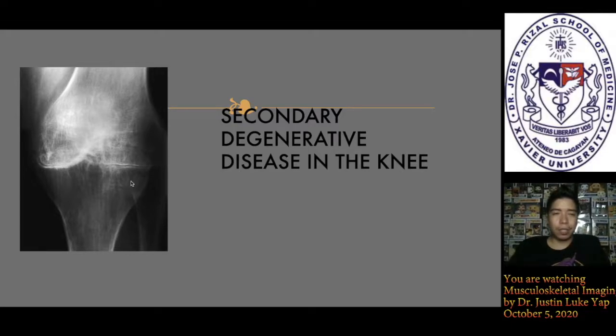What is distinctive and why we can say that there is osteoarthritis aside from rheumatoid arthritis is the marked narrowing of the clear space, the knee clear space, as well as the evident sclerotic changes along the medial aspect of the knee joint.